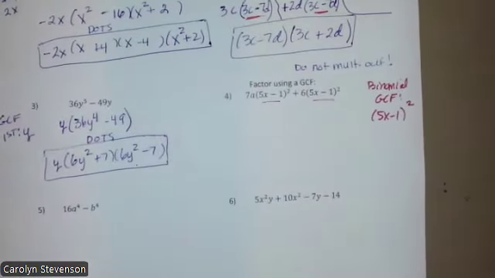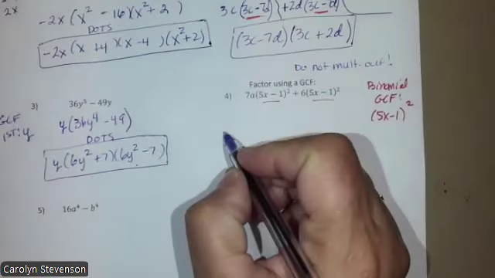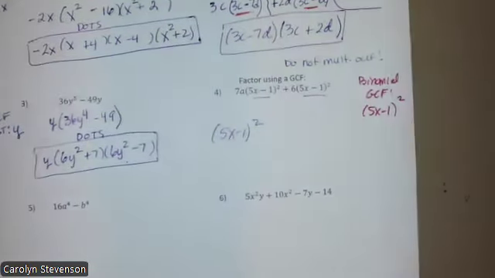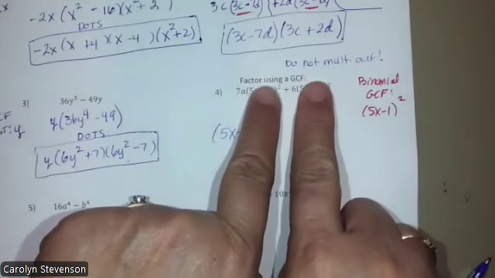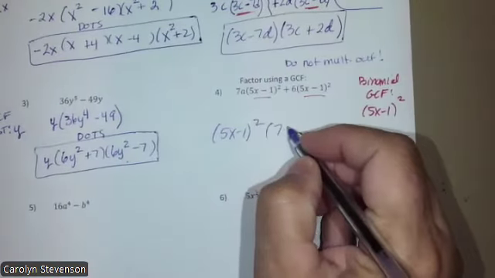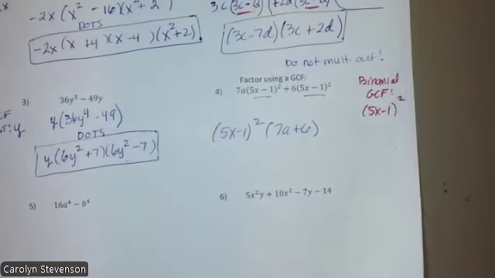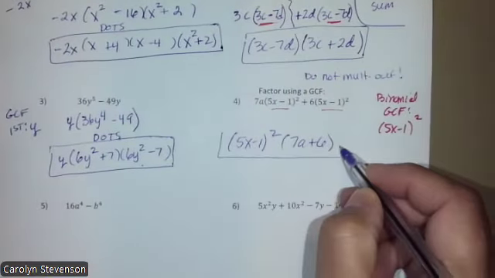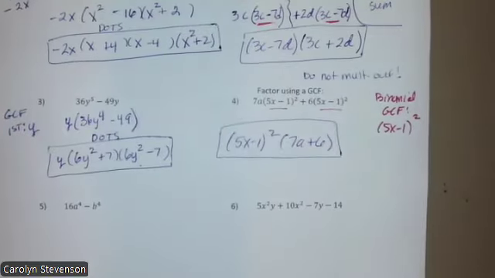So our GCF is to the second. So we are going to take 5x minus 1 to the second out. We're dividing it, taking it away from both of those. You're left with 7a plus 6. That's how short that problem is. And our answer is in parenthesis form, all factored.